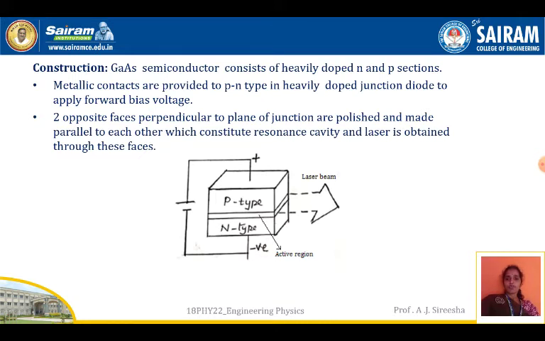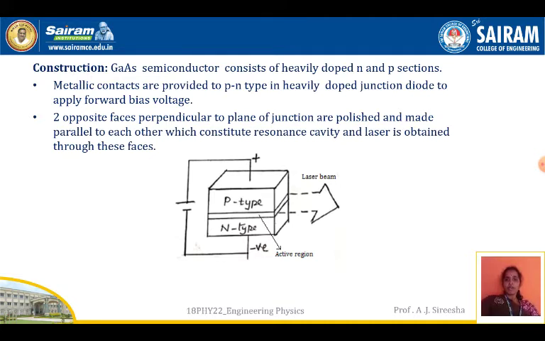In a PN semiconductor diode, forward bias of the P and N types causes the pumping mechanism, the active region is the junction region, and the faces perpendicular to the plane of the junction act like a cavity. So, the three requisites are satisfied in this semiconductor laser.